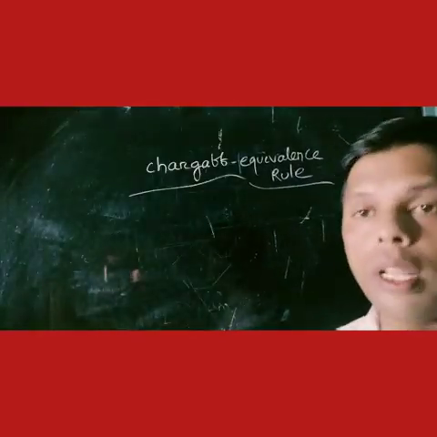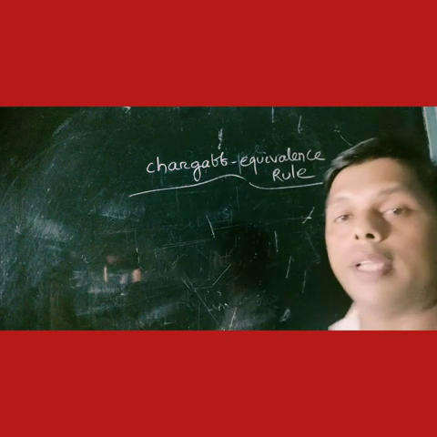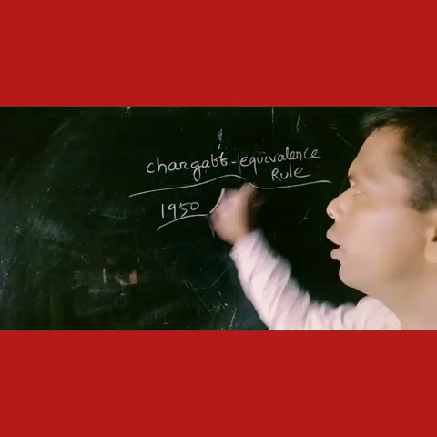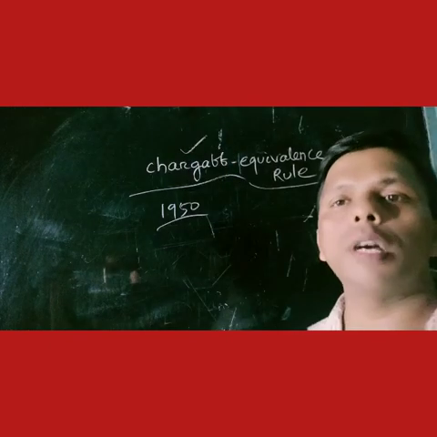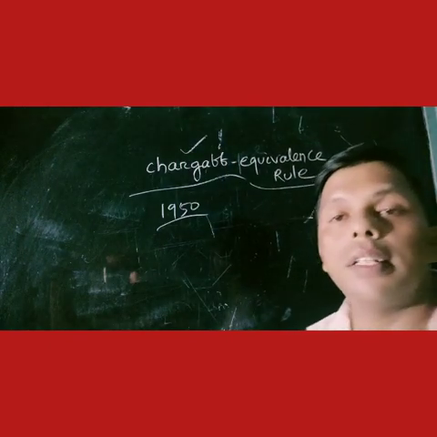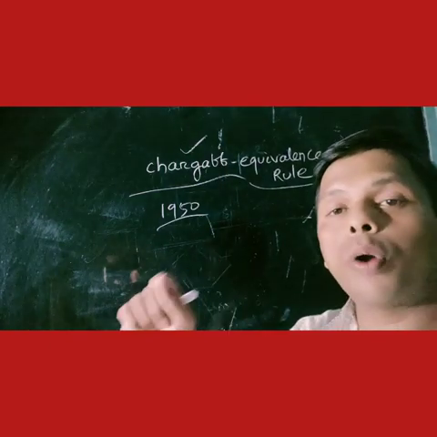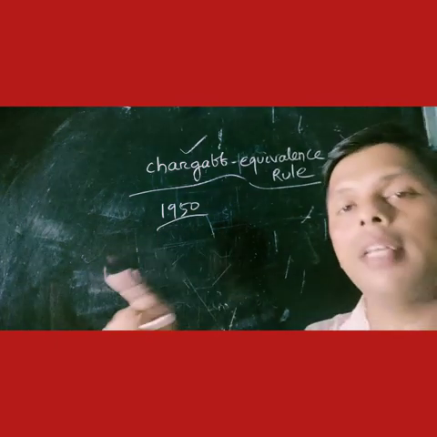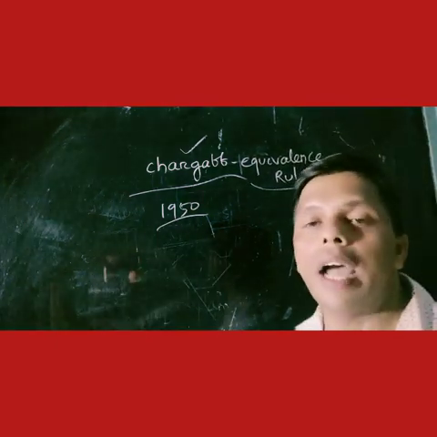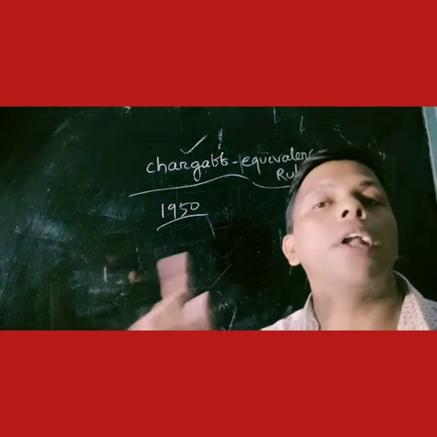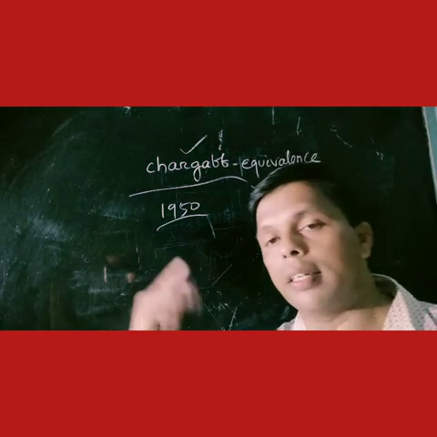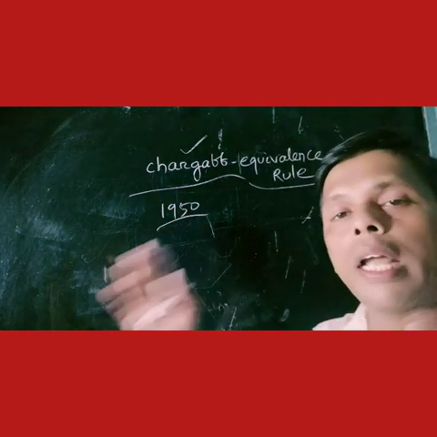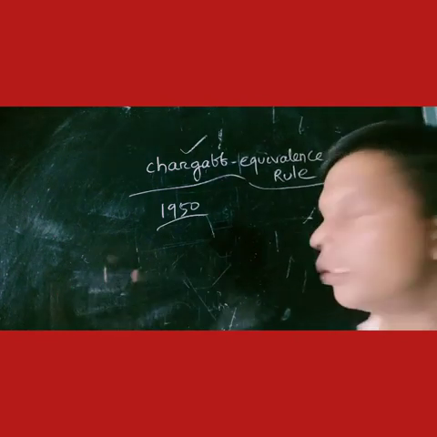Then we come to Chargaff's equivalence rule. In 1950, Chargaff discovered that the amount of purines and pyrimidines in DNA is equivalent. That means an equal number of adenine pairs with thymine, and an equal number of guanine and cytosine also pair.